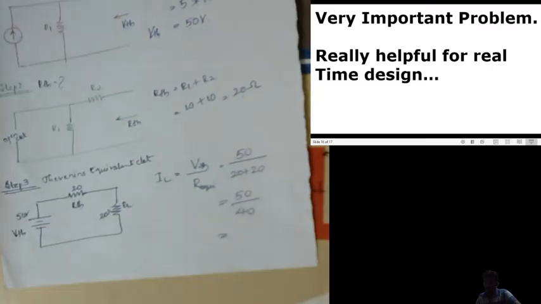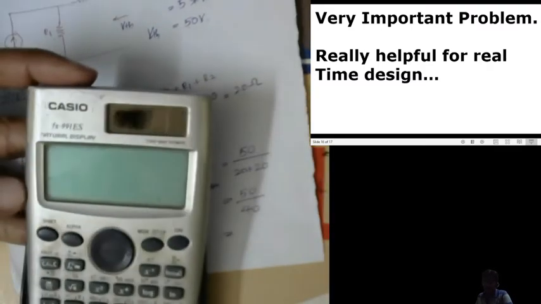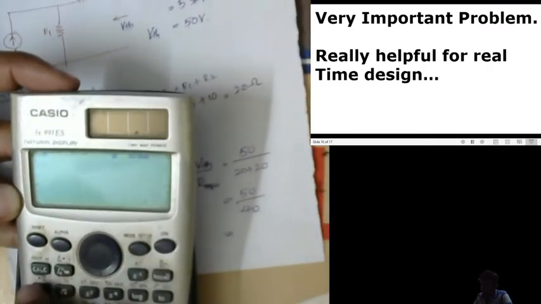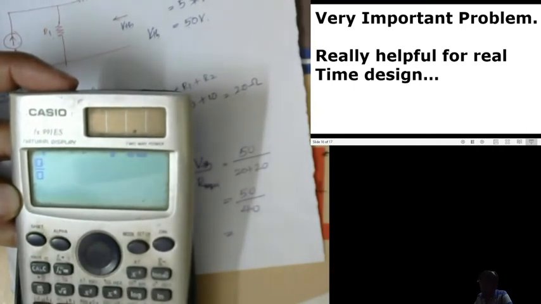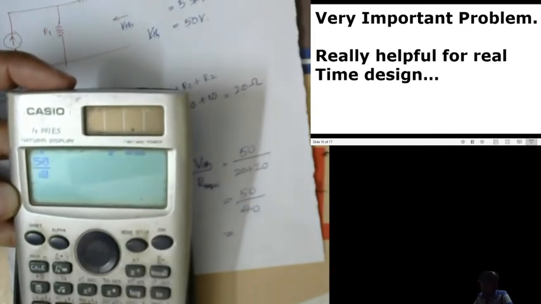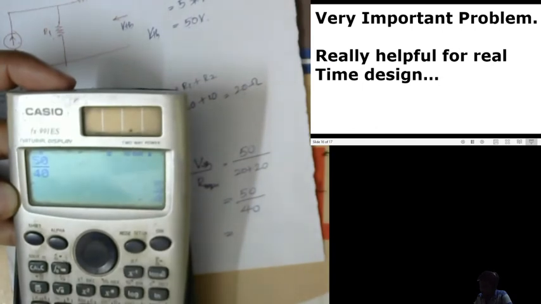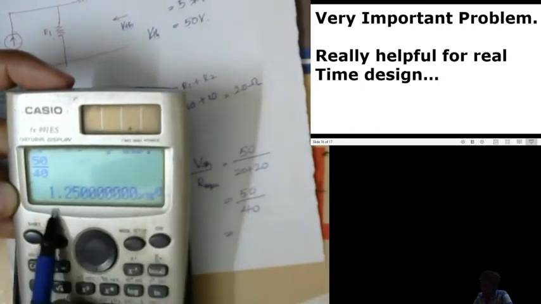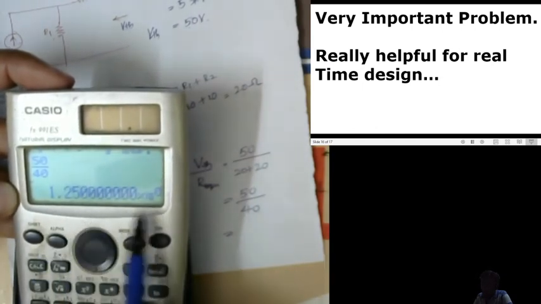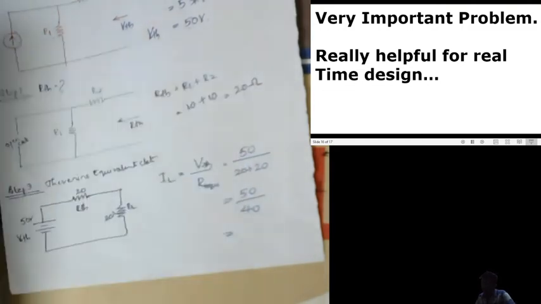Then you need to simplify. 50 by 40 is 1.25 into 10 to the power of 0.